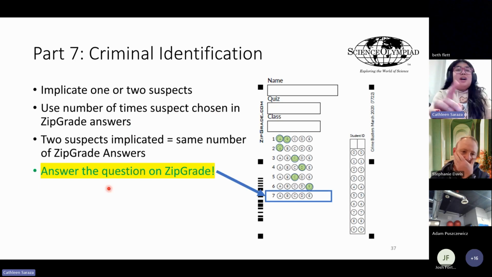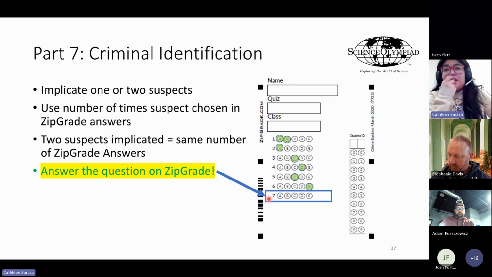If 1 suspect is implicated, that means they have the most ZipGrade answers. If 2 suspects are implicated, then that means they have the same number of answers on the ZipGrade sheet. They have to answer question 7 to get points for the criminal identification portion.